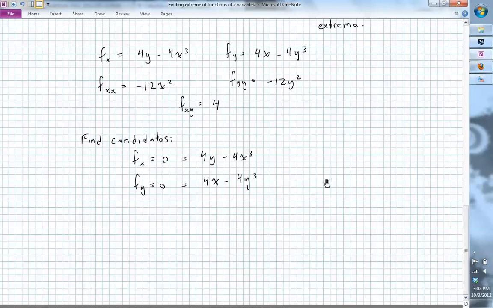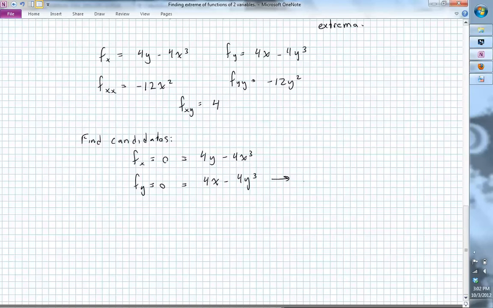Okay, so let's solve this equation. How do you think we solve this equation? 2 equations, 2 unknowns. Ideas? We could set them equal to each other. I think I'm a bigger fan of solving for one variable and substituting into the other. So let's do that and see what we get.